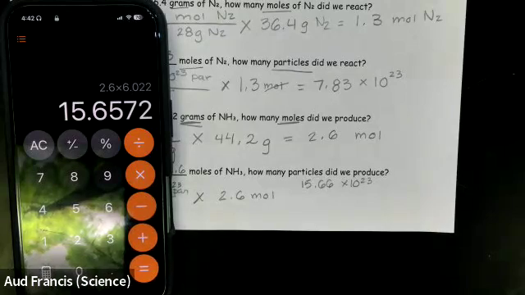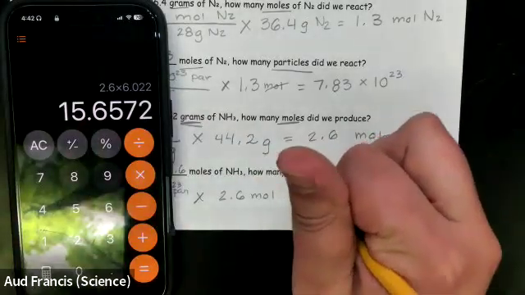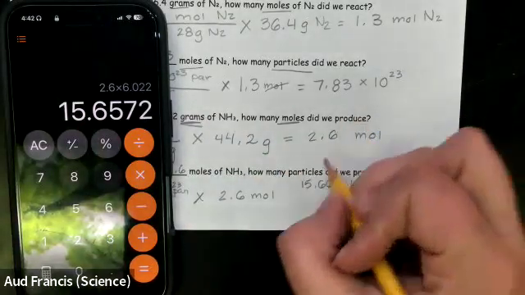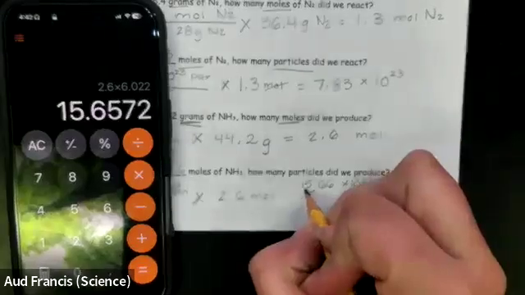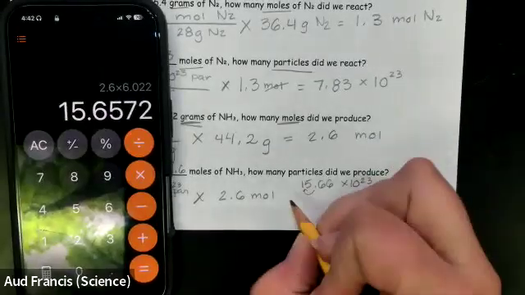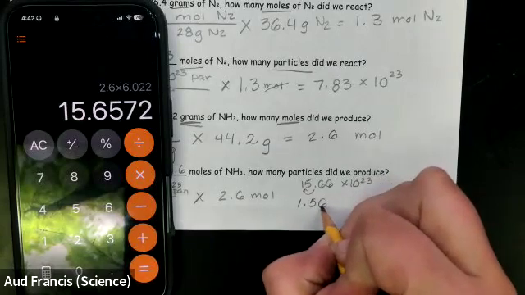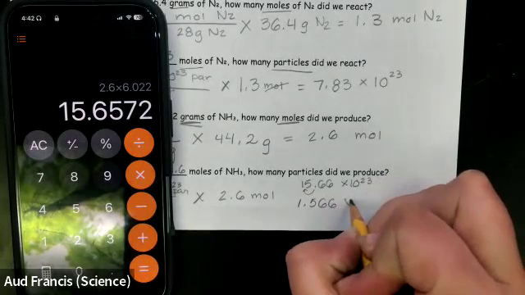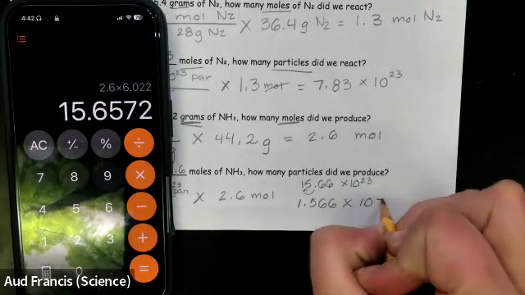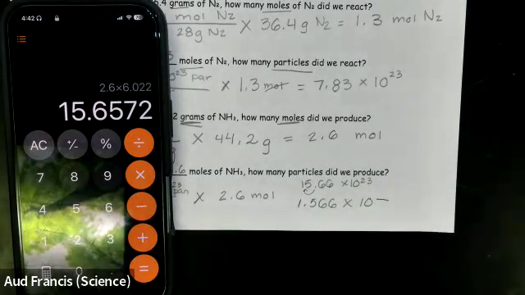So in scientific notation, remember our rule is we only get one number before the decimal. So I need to move this decimal over there. So I'm going to have 1.566 times 10 to the what? Because you had to move your decimal to the left, you're going to add a number to your scientific notation.